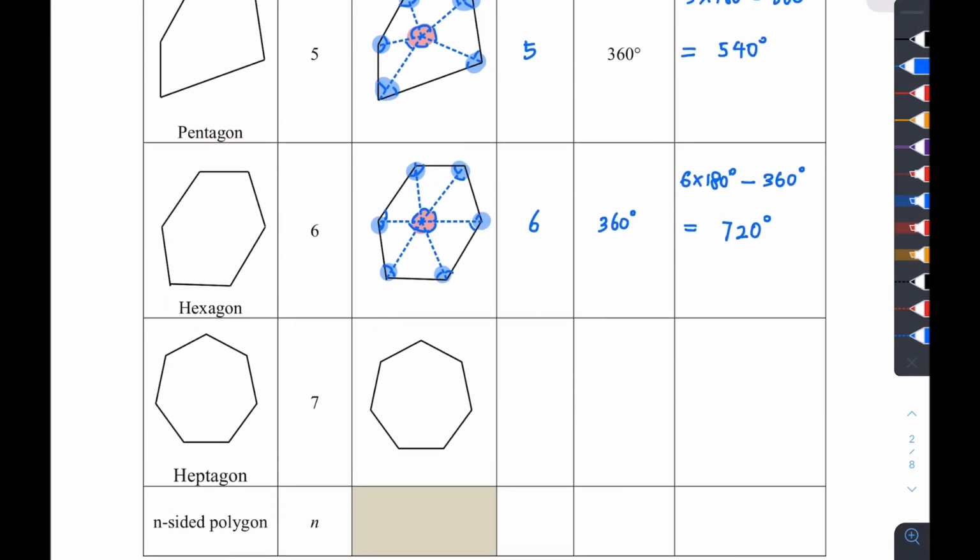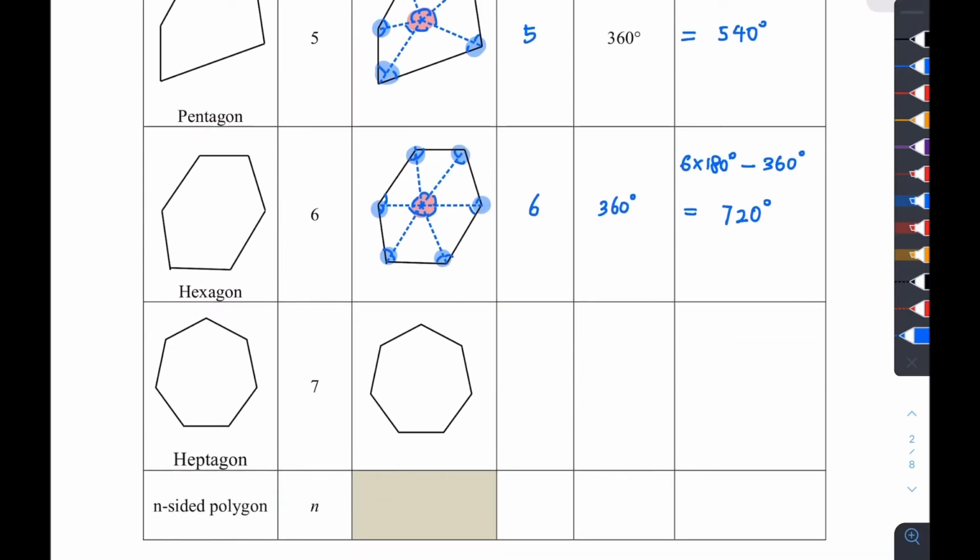Now for the heptagon, let's do one more, and then I think you can find the pattern already. For the heptagon, we have 1, 2, 3 lines to the vertex, 4, 5, 6, and 7. Right? 7.